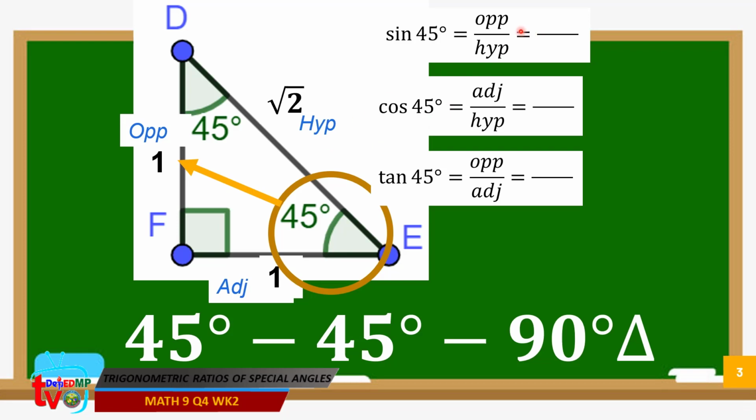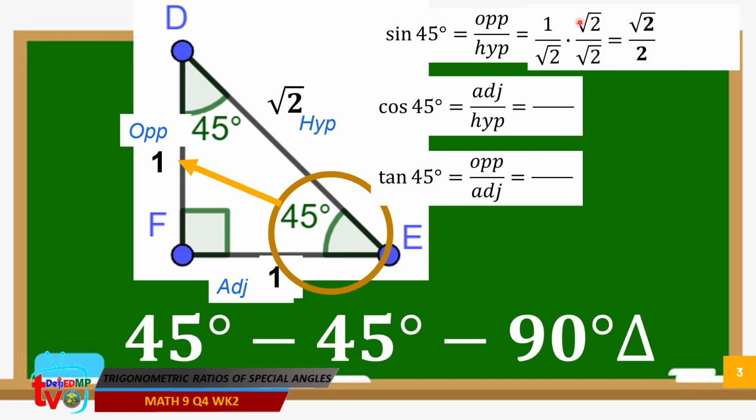So, opposite is 1 over the hypotenuse, square root of 2. So, we have 1 over square root of 2 for sine 45 degrees. But since we have a radicand in the denominator, we need to rationalize this by multiplying both the numerator and the denominator by square root of 2.